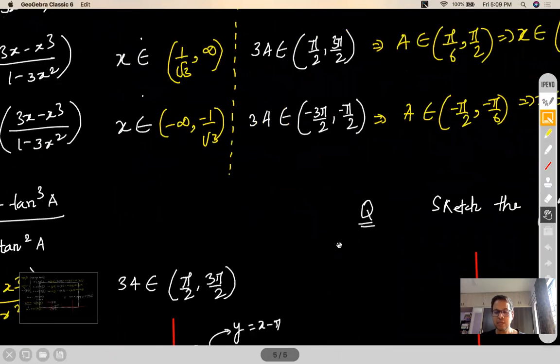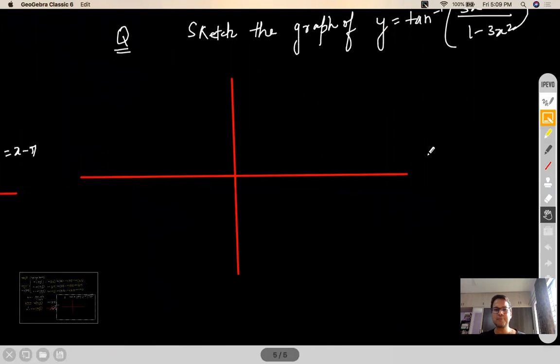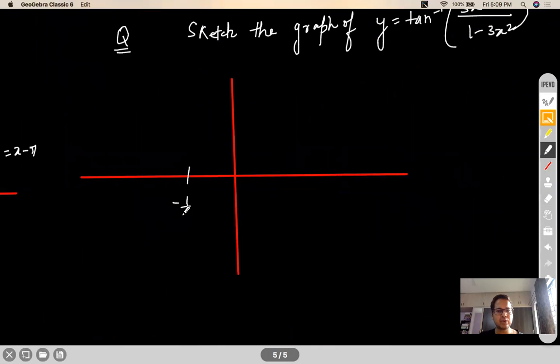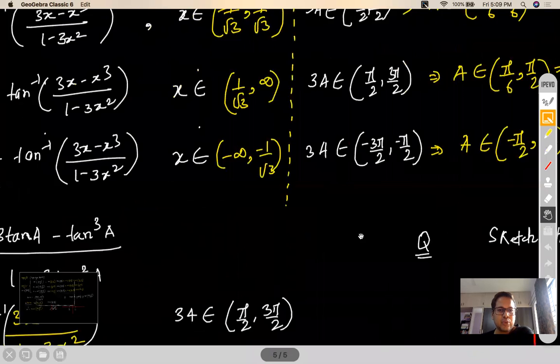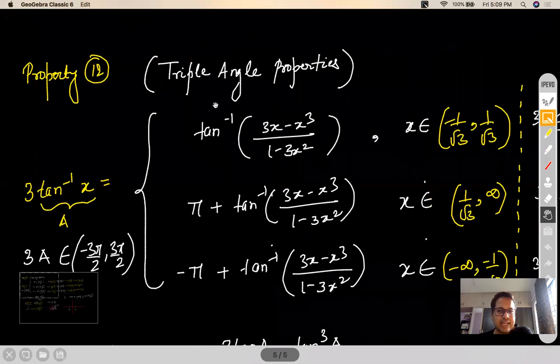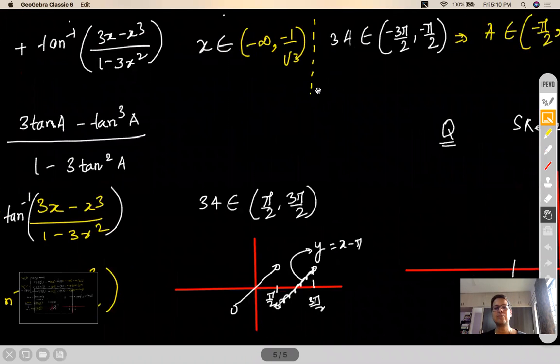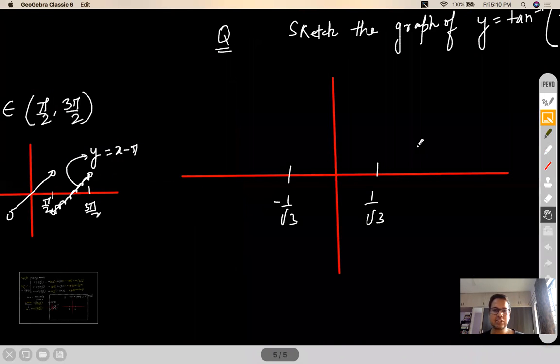So let us draw the graph for, first of all, minus 1 by root 3 to 1 by root 3. For this interval, you are aware that this function is going to behave like 3 tan inverse x. So it is the graph of tan inverse x stretched 3 times along the y-axis, right? So that would give me, if I'm not mistaken, a structure like this.